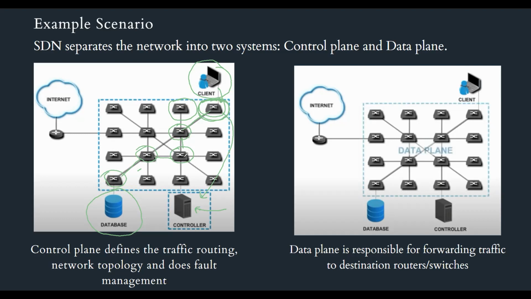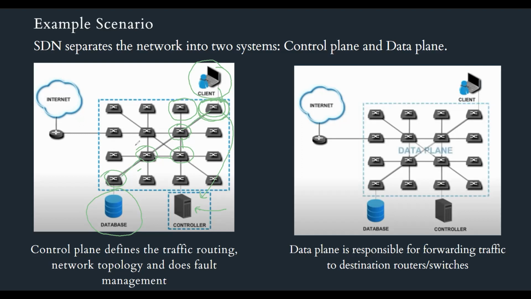So in order for that to happen, the controller will update the tables that are available in each of these routers. So the routers just have to check their table and send the data packet to the necessary router. Each of the routers will check their table and send the data packet to the indicated router, which is optimal.